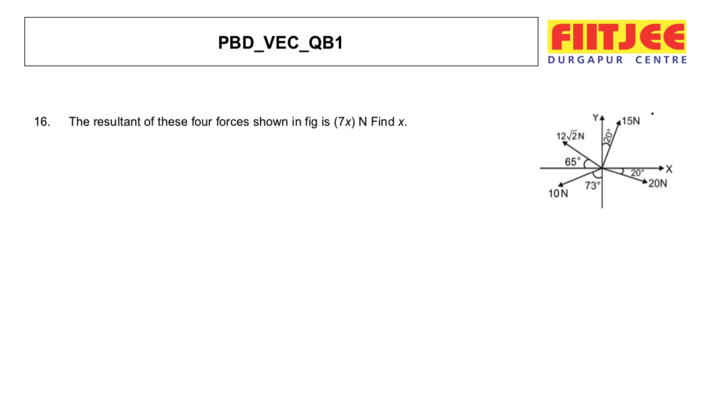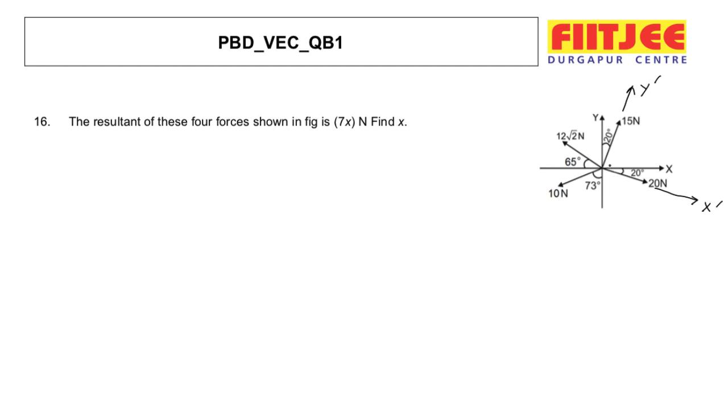So because I have to find the resultant magnitude only, I do not need the direction, what we can do is shift our axis from this x and this y to this, which is our x prime axis, and this is our y prime axis.